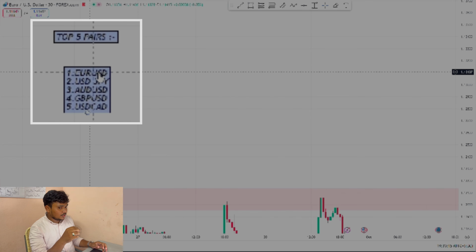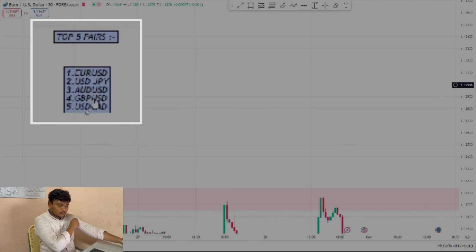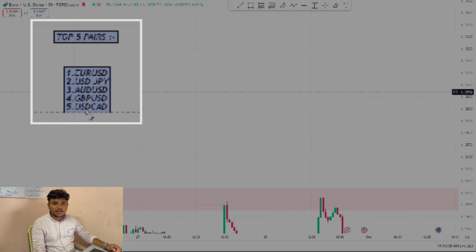USD JPY will have good volatility and also liquidity. Compared to that, AUD USD has good volume, and AUD USD respects all movements of the market. GBP USD is also the same, and USD CAD has good expected movements and also good volatility.